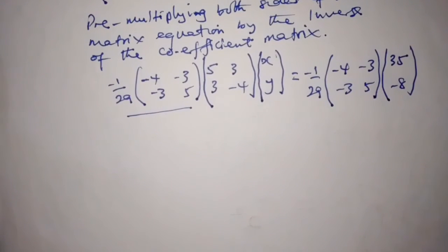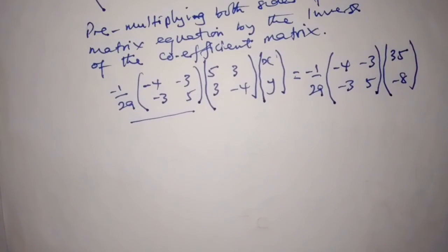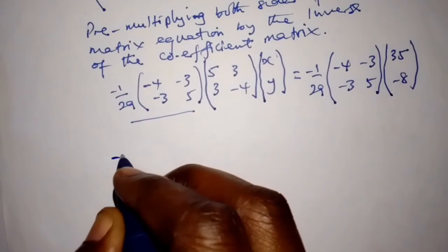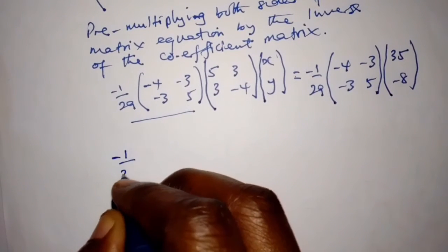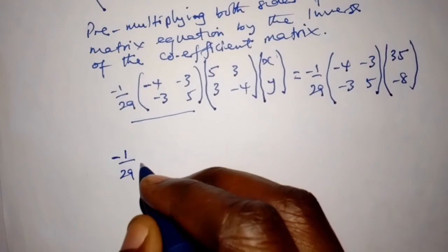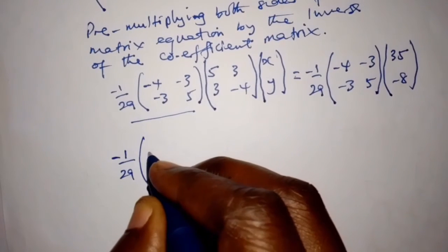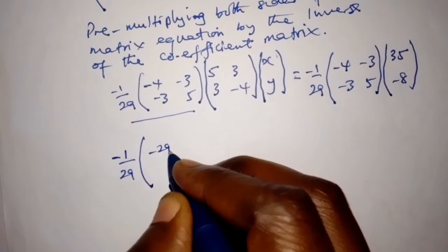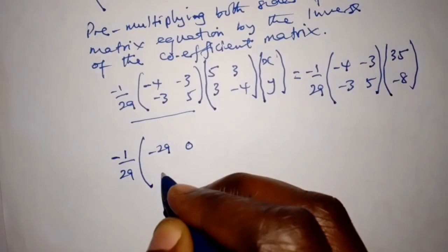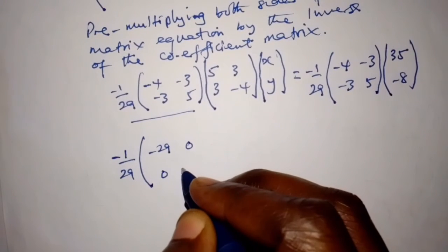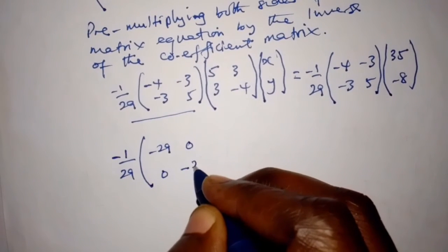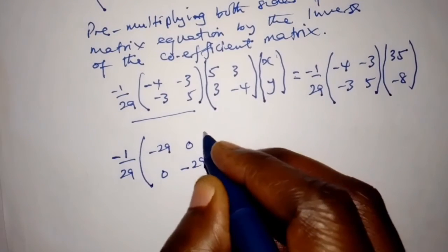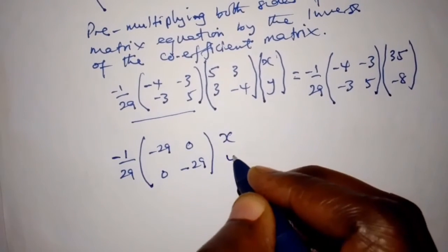So this is going to give us negative 1 over 29, the matrix negative 29, 0, 0, negative 29, times x, y.